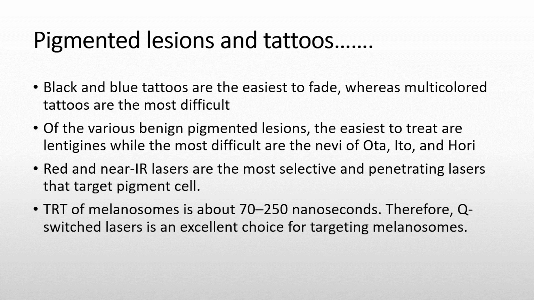The red and near-infrared lasers are most selective and penetrate deep, so they are best at targeting the pigmented cells. The thermal relaxation time of melanosomes is about 70 to 250 nanoseconds, so Q-switch laser remains an excellent choice for targeting the melanosomes.